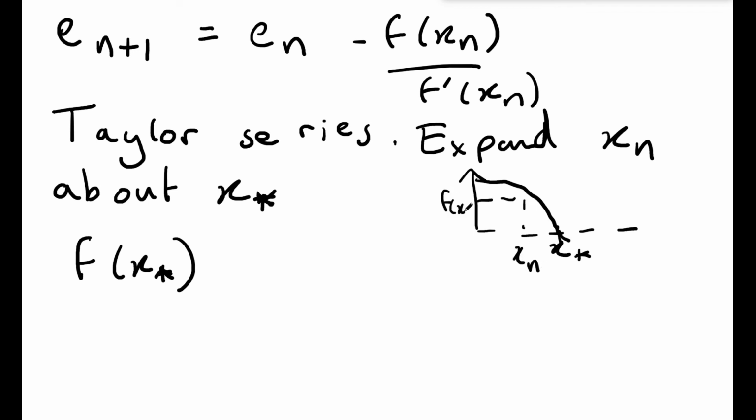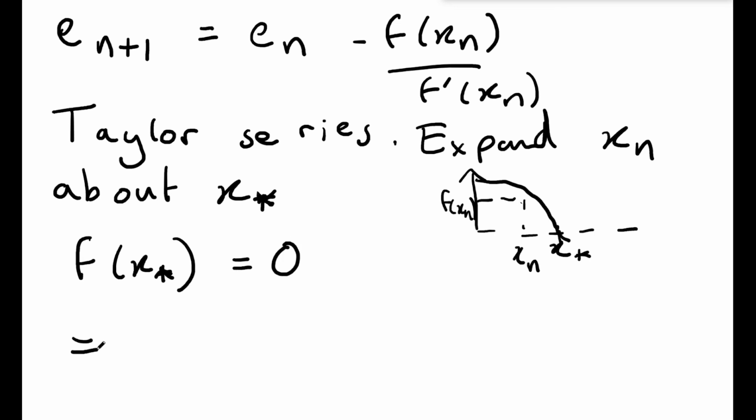So you've got f of x of n. A better way of saying it is: if you started at x n, what is the value of f of x star? We know the value of f of x star is, by definition, 0.